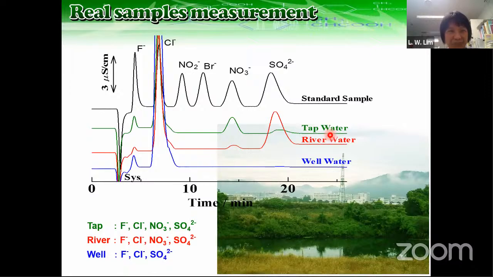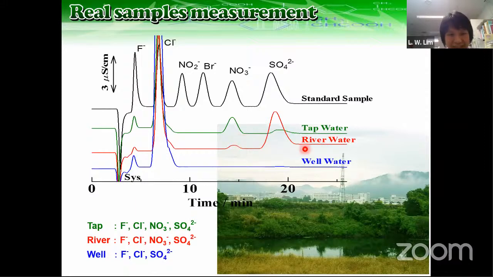They use ion chromatography to regulate the quality of the tap water. Besides sodium, there are many other chemicals to test, so that it's safe to drink.